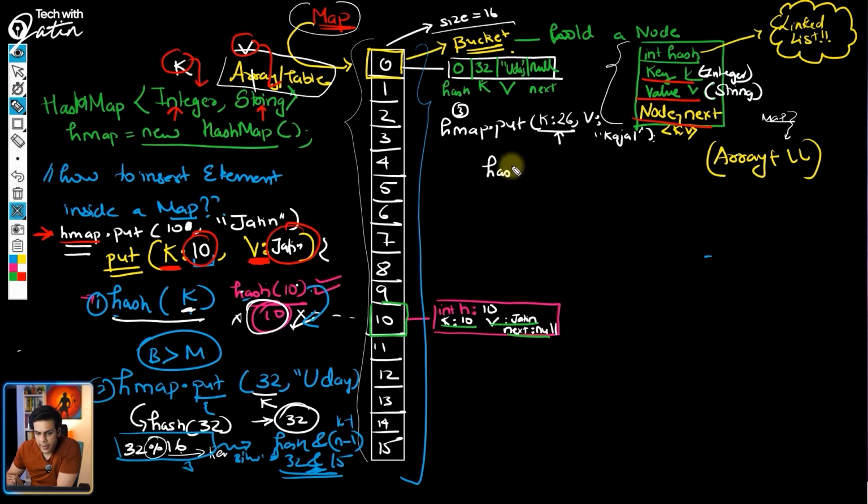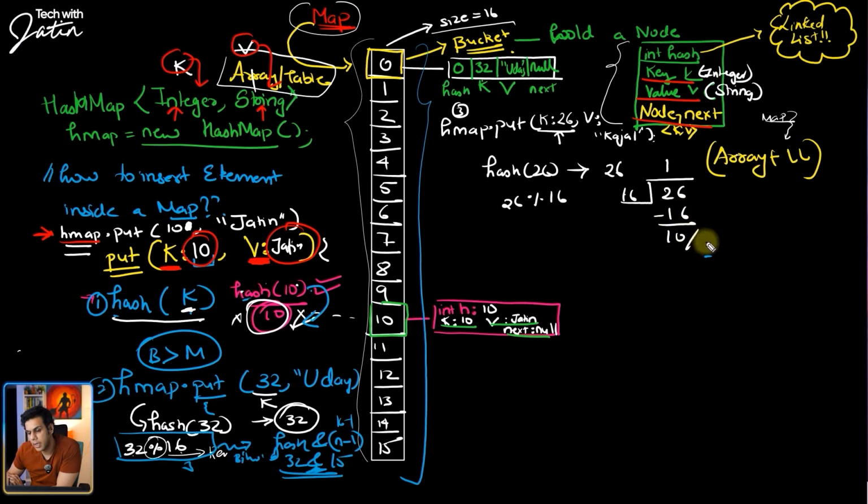So the hash of 26 will be calculated, which is the number itself, 26. Then we will try to fit 26 within the range of 0 to 15, so we're going to say modulus of 16. So 16 should be used to divide 26. 16 ones are 16, and you will see that the remainder that turns out over here is 10.